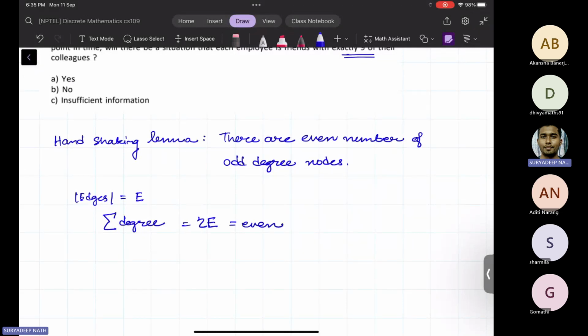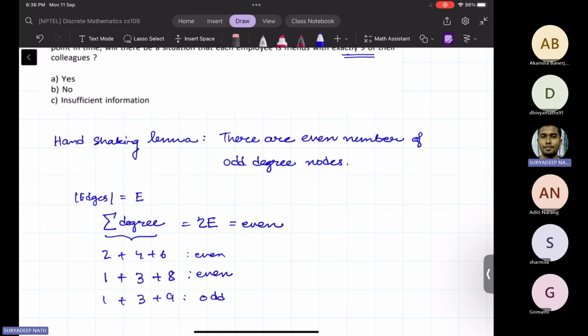It means that this sum has to be even. So it could be like 2, 4, 6, then we are getting even. But if we have, let's say, 1, 3, 8, this is also even. But 1, 3, 9, this is odd.